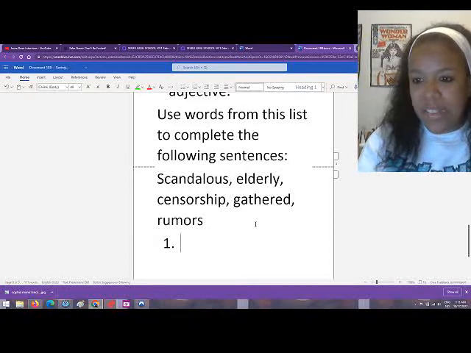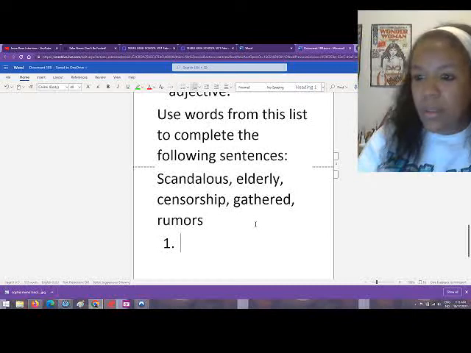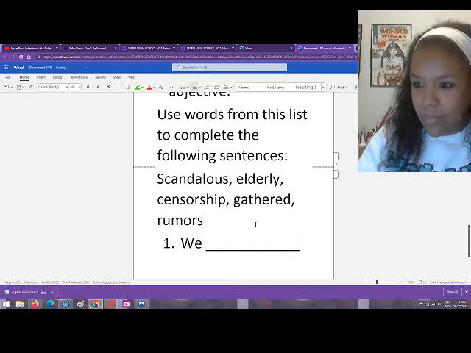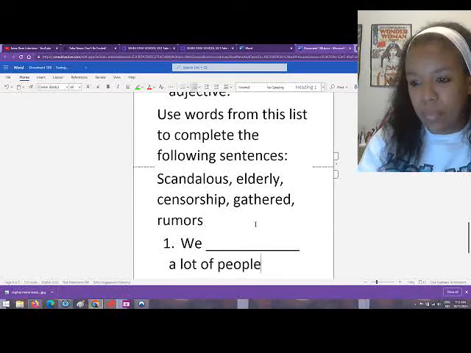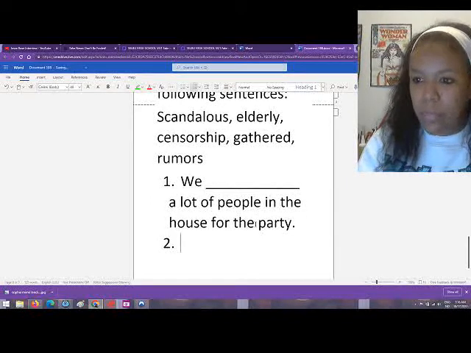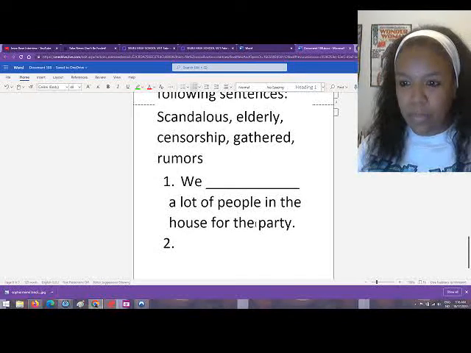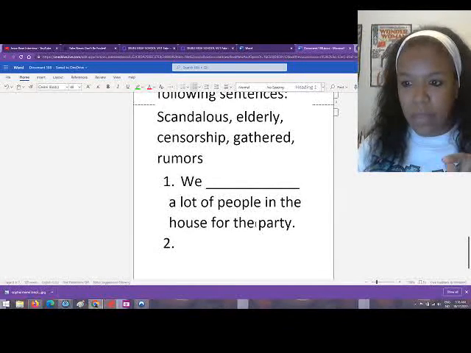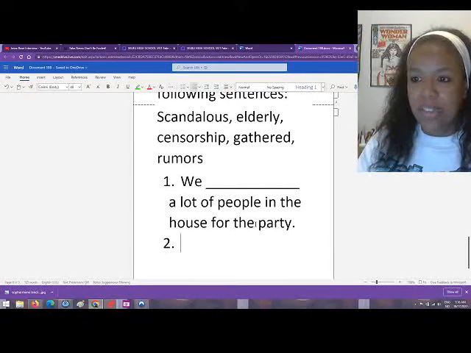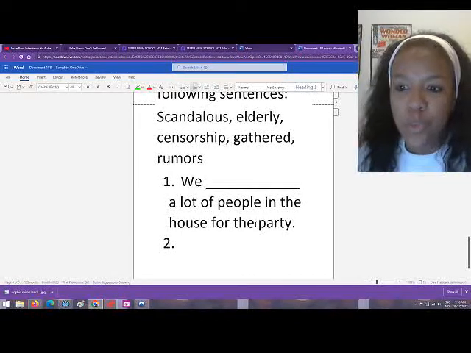So perhaps you have a sentence like this. So I'm going to put the sentences there. Number 1, we blank a lot of people in the house for the party. And you have the words elderly, scandalous, censorship, gathered, and rumors. Which one would you choose?